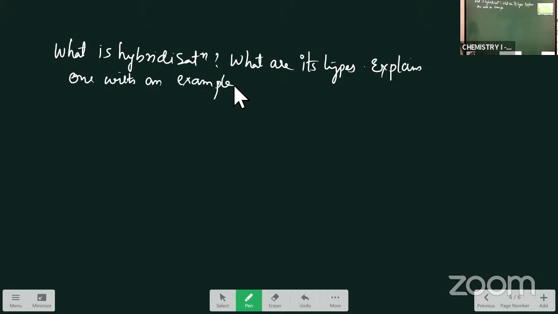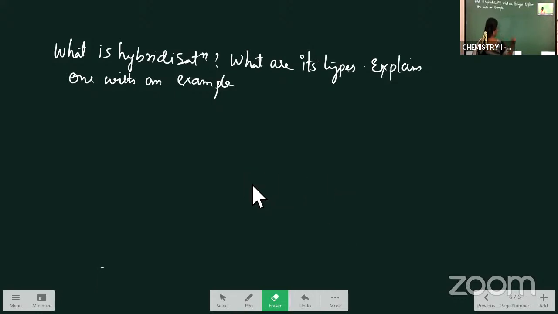It is the process of mixing atomic orbitals to give hybridized orbitals. Suppose आपके पास दो atoms है A and B. उसके orbitals, इसके orbitals को आप लोग mix करते हो. So you are mixing the orbitals of the atom.